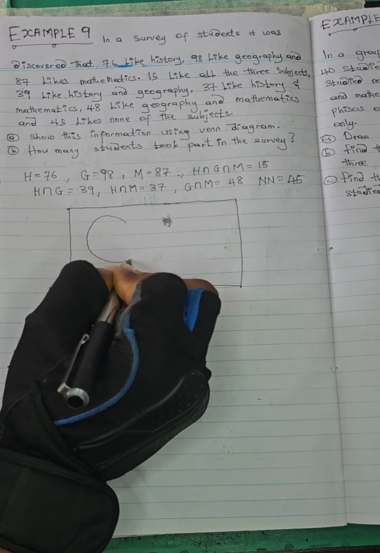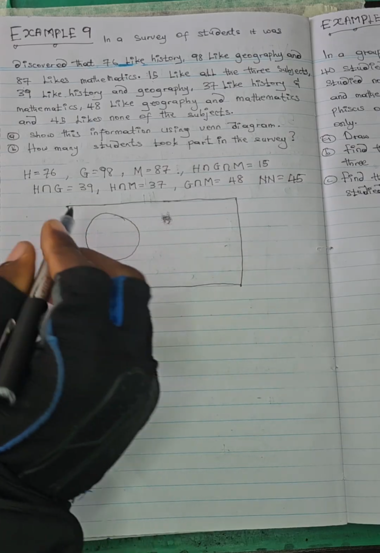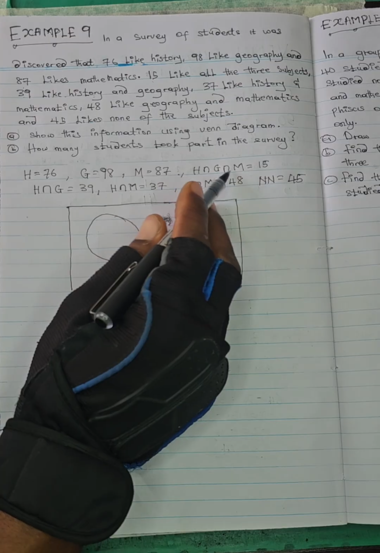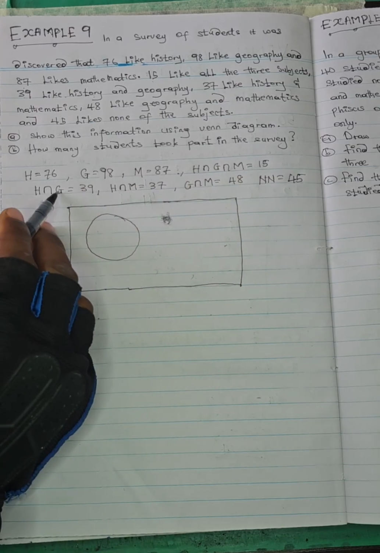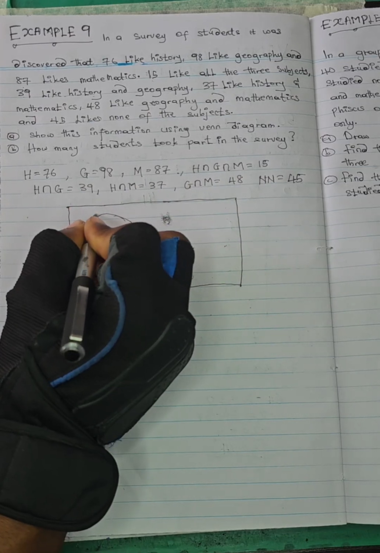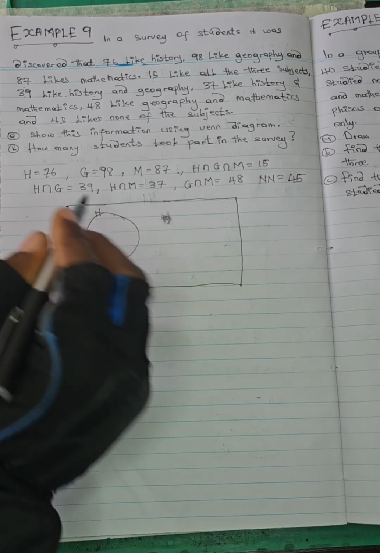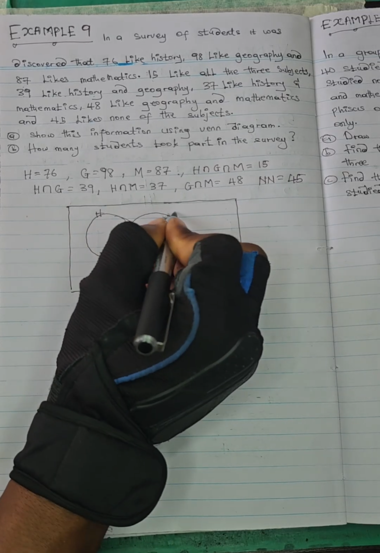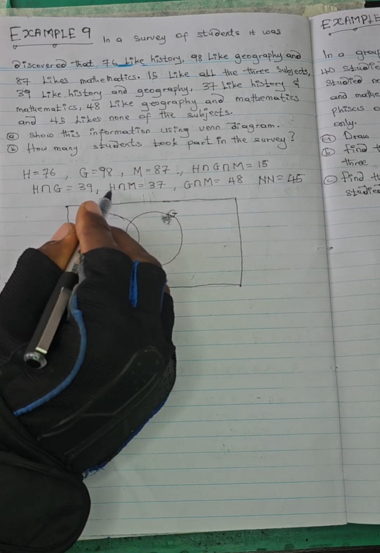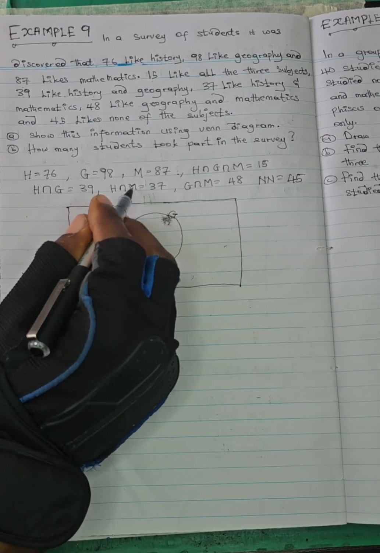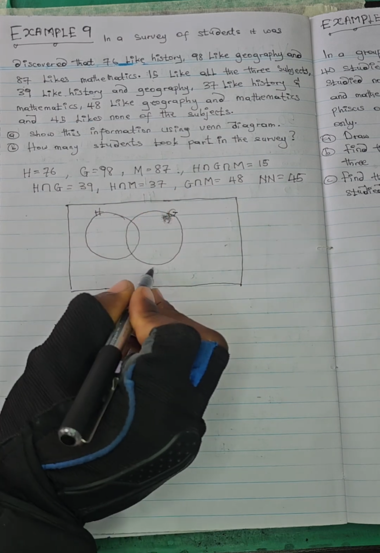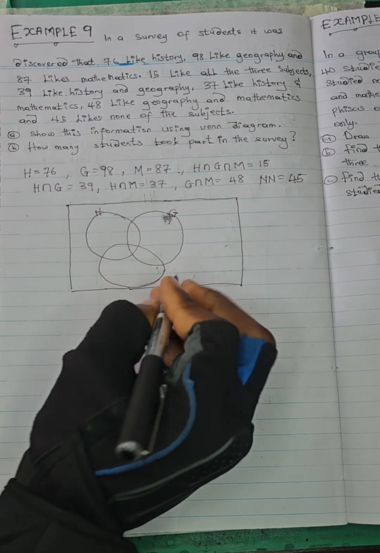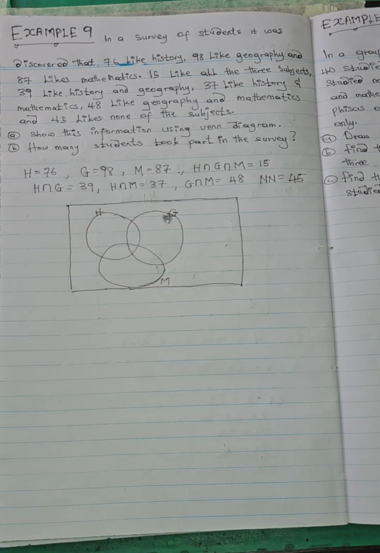This is the first circle, history. History is intersecting geography, so let me call this geography. History is also intersecting mathematics, and geography is also intersecting mathematics. So the 3 circles will intersect each other. Let this be mathematics.